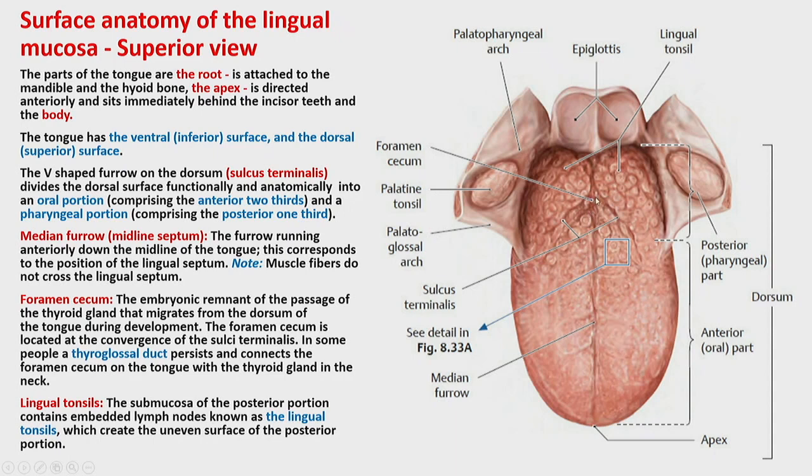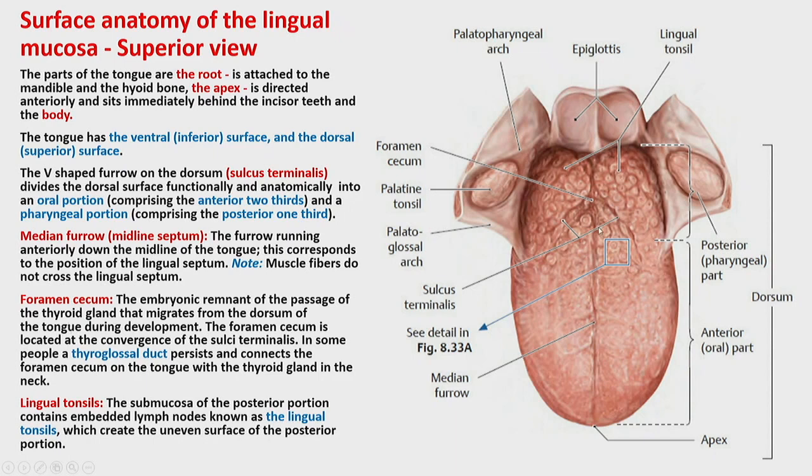Another interesting thing on the dorsal surface of the tongue is, at the apex of this V-shaped sulcus terminalis, there is a foramen called the foramen cecum. This foramen cecum is the embryonic remnant of the passage of the thyroid gland during development.